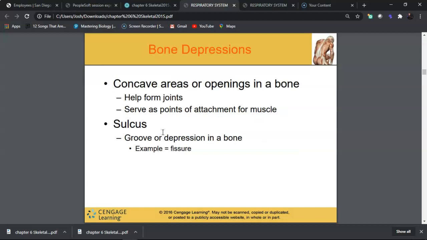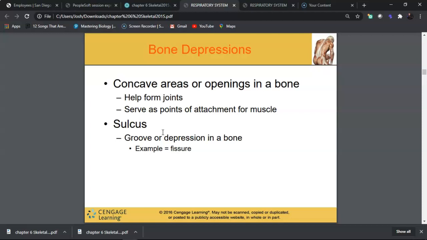You can also have bony depressions. So a depression would be something that's concave or depressed. And those concave or depressed areas generally are going to allow for a joint to come together, or joint formation or articulation. And so those depressions serve as points of attachment for muscles.